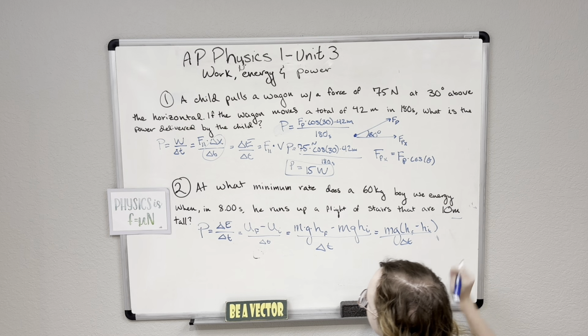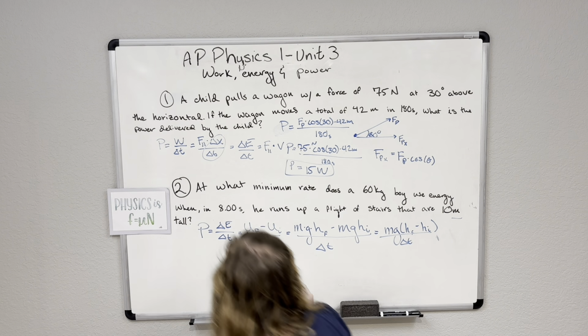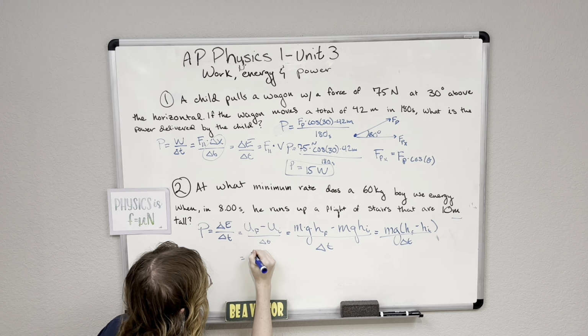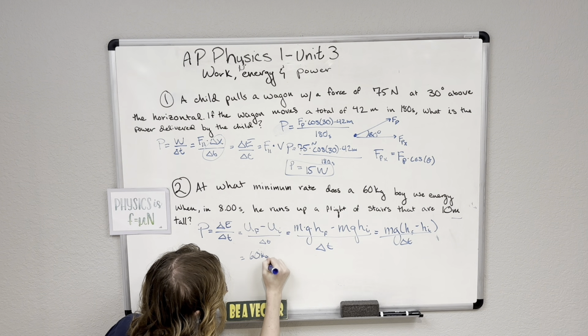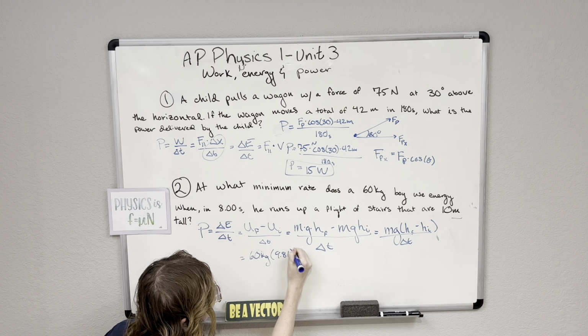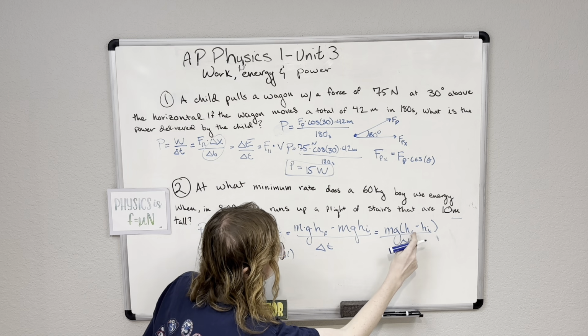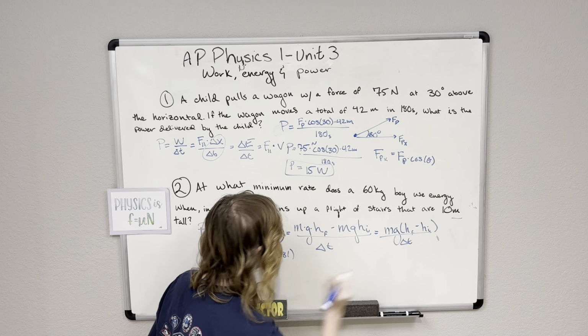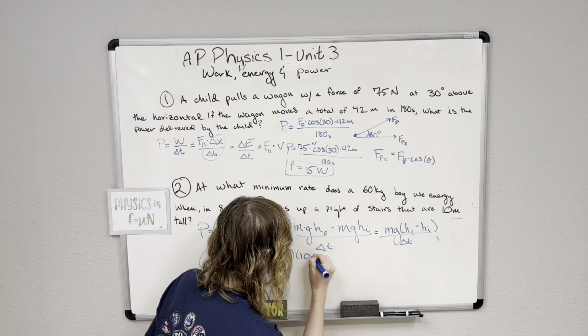Our mass is 60 kilograms. The acceleration of gravity is 9.81 meters per second squared. Our change in height is 10 minus 0, so that's 10 meters.